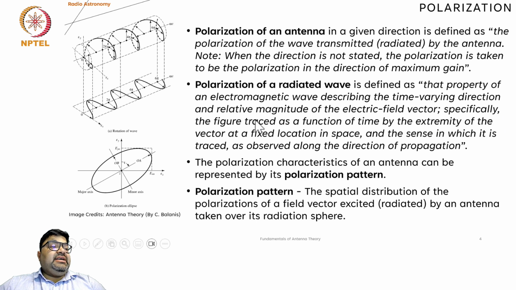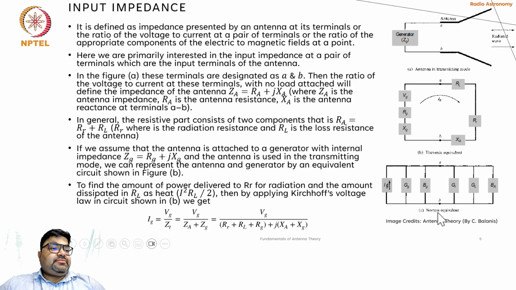Specifically, the figure traced as a function of time by the extremity of the vector at a fixed location in space, and the sense in which it is traced as observed along the direction of propagation. The polarization characteristics of an antenna can be represented by its polarization pattern, which is the spatial distribution of the polarizations of a field vector radiated by an antenna over its radiation sphere.